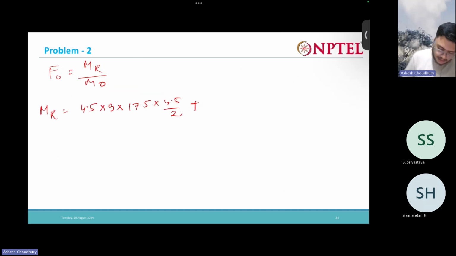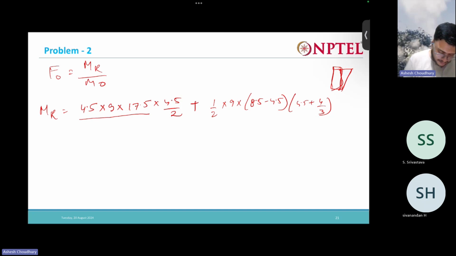So this is the weight of that rectangular part, and this is the lever arm 4.5 by 2. Then we have calculated the weight of this triangular region: half into 9, the height, into 8.5 minus 4.5, times 4.5 plus 4 by 3, into 17.5.